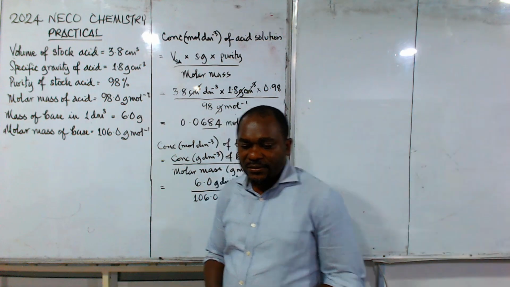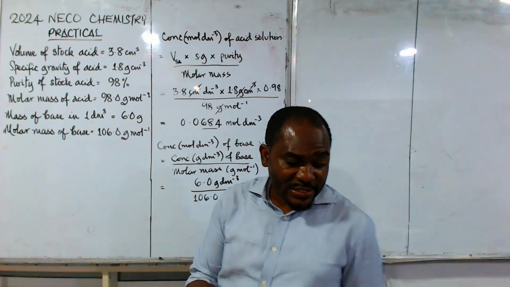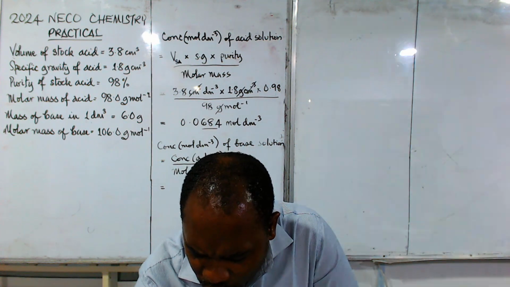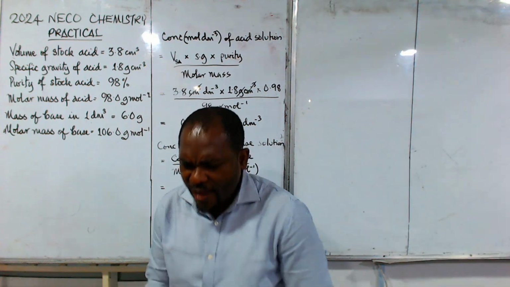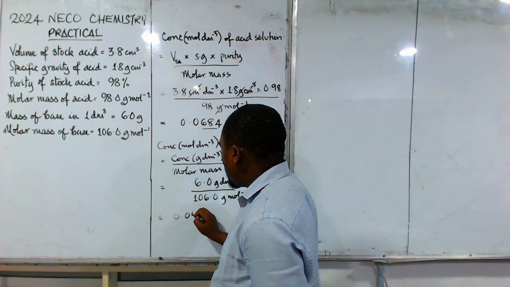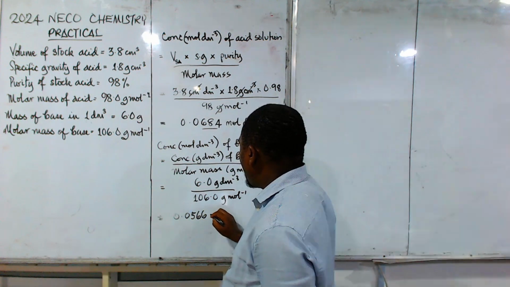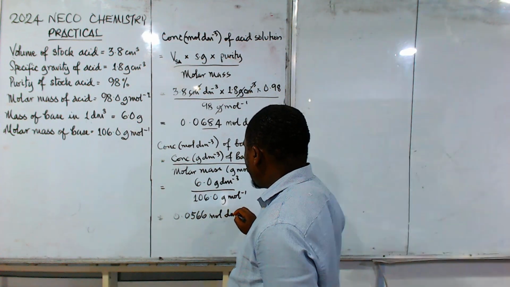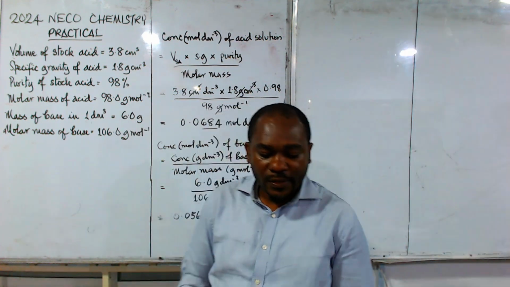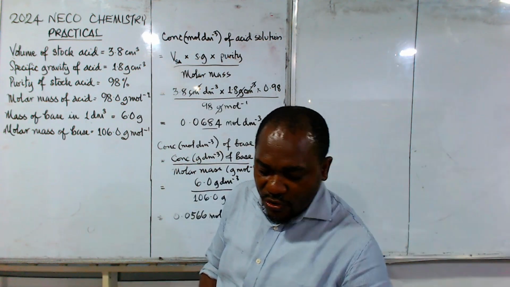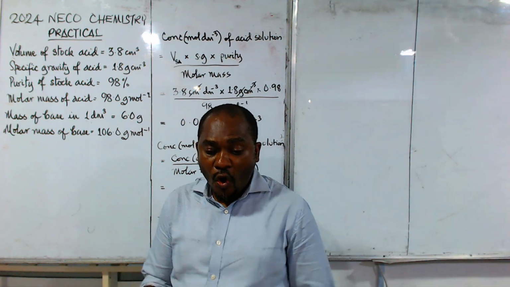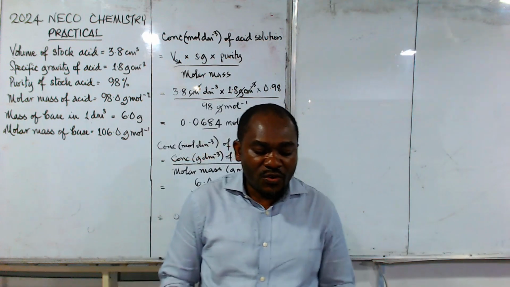If you evaluate this, 6 divided by 106 gives us 0.0566 moles per dm cube of the base, right? Fine. So the next thing I will do now is to use our formula to determine the expected titre value of the base.